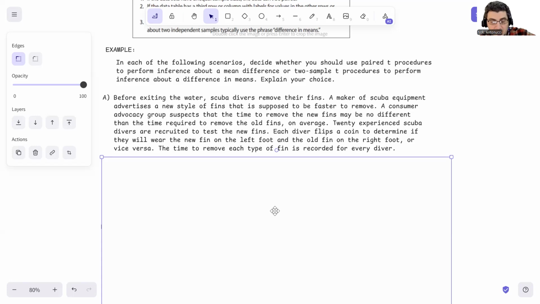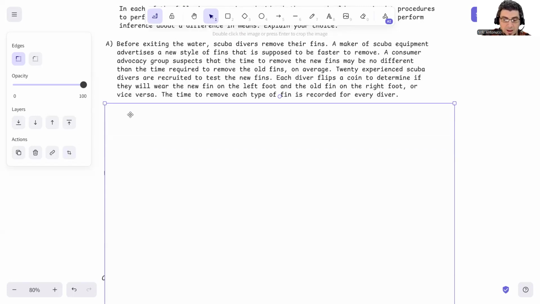A consumer advocacy group suspects that the time to remove the new fins may be no different than the time required to remove the old fins. Twenty experienced scuba divers are recruited to test the new fins. Each diver flips a coin to determine if they will wear the new fin on the left foot and the old fin on the right, or vice versa. The time to remove each type of fin is recorded for every diver.